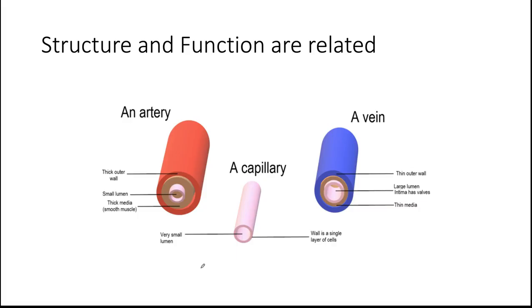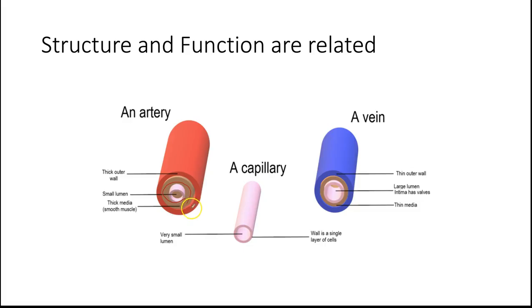Now, this is an example of an artery, a capillary, and a vein. They're all part of the cardiovascular system. There's blood flowing through all three of these. However, they have different structures, and their structures have something to do with their function. So an artery, we can see right away, has a pretty thick layer of smooth muscle there.